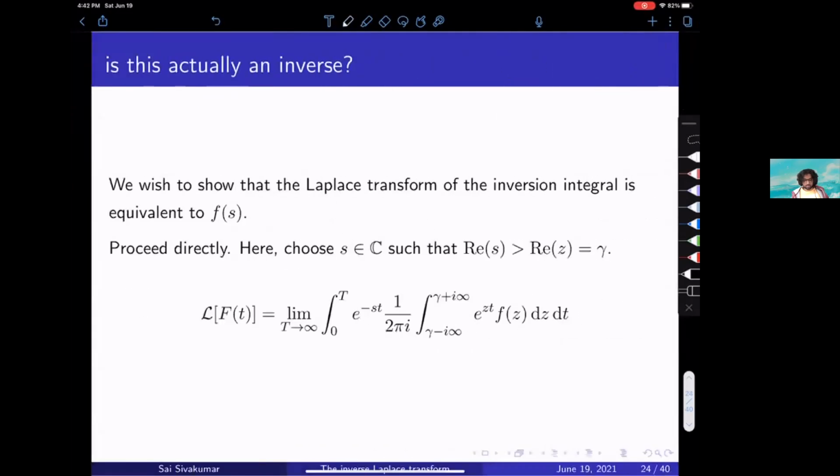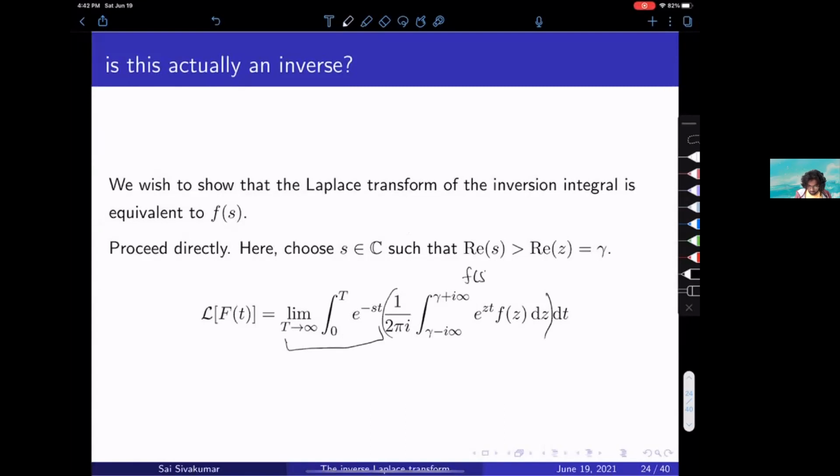Right, so the next thing is actually, we'll compute the Laplace transform of the inversion integral. And this part is basically magic, because we're going to be swapping things. If you look at the integral below, this one is the one you get from applying the Laplace transform, also with that e to the minus st. And this thing is the actual inversion integral.